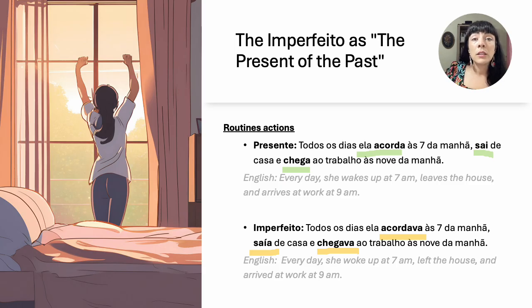And even though these phrases may not be used constantly, for someone learning Portuguese as a beginner at this level, these phrases act as cues, guiding you towards the use of the imperfeito to describe past routines. So remember that if you have words that tell you the frequency of an action in the past, most likely you will have to use the imperfeito right after.